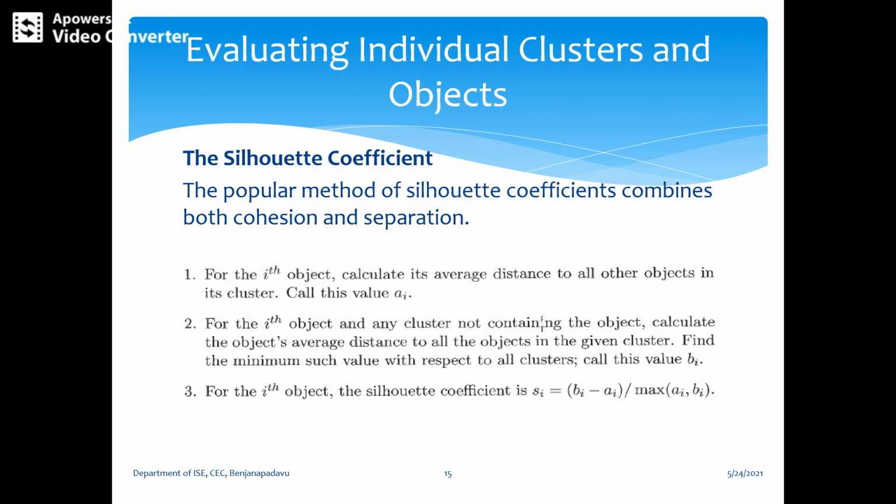So we want the silhouette coefficient to be positive, with Ai less than Bi. We want Ai to be as close to 0 as possible, since the coefficient assumes its maximum value of 1 when Ai equals 0. So this is about the silhouette coefficient, especially for evaluating individual clusters and objects.